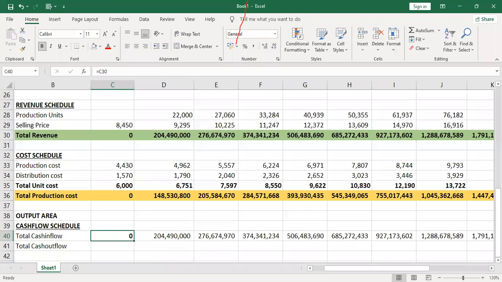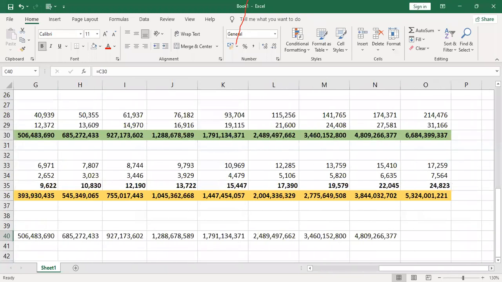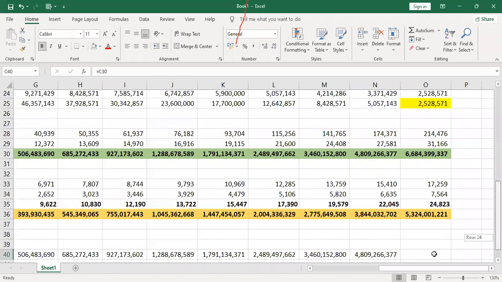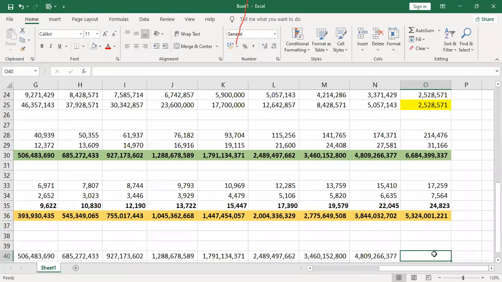Because there is some other cash inflow in year 12, for the disposal. In year 12, we have two cash inflows: the written down value from the depreciation schedule and the total revenue.